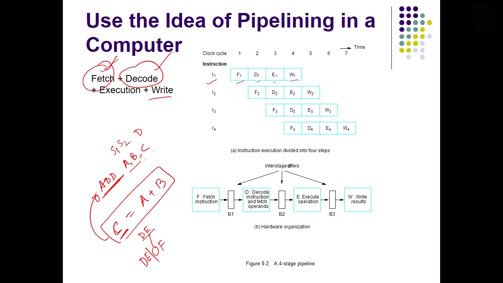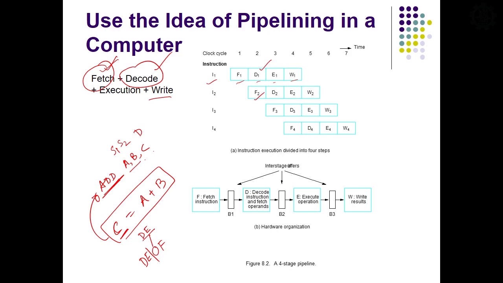So, after 4 time units, every one cycle you will get one instruction, because when the first instruction was getting decoded, including the operand forwarding, bringing the operand from the main memory, the second instruction started executing, it entered into the fetch phase.